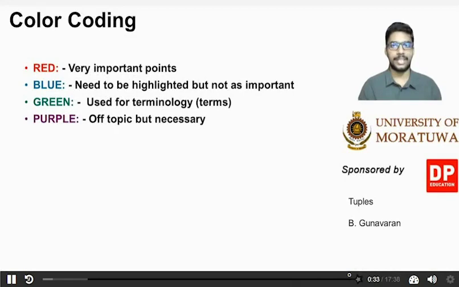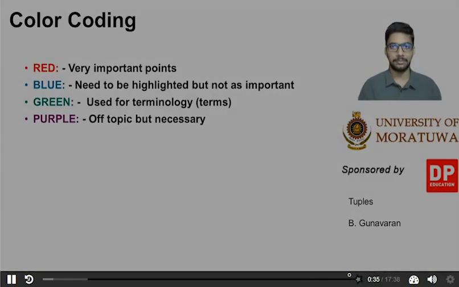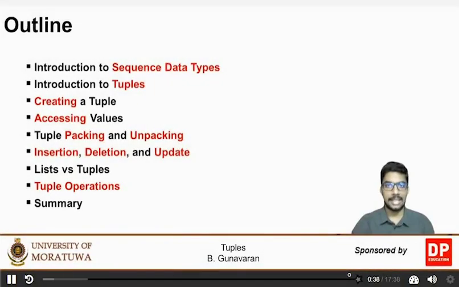This is the color coding we'll be using throughout this lesson. This lesson is structured as follows. We will start the lesson with an introduction to sequence data types and tuples. Next, we will discuss how to create tuples and access values in them. After that, we will briefly look at tuple packing and unpacking.